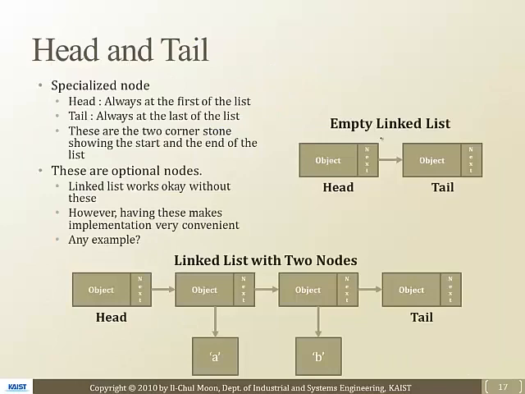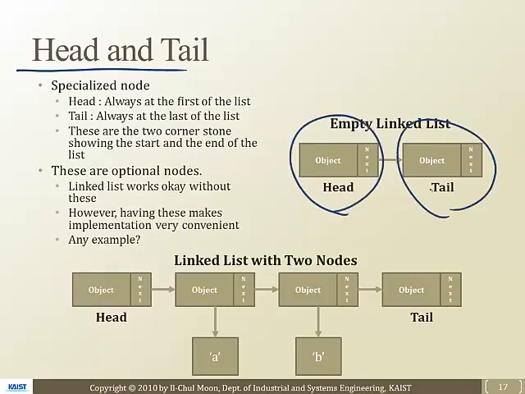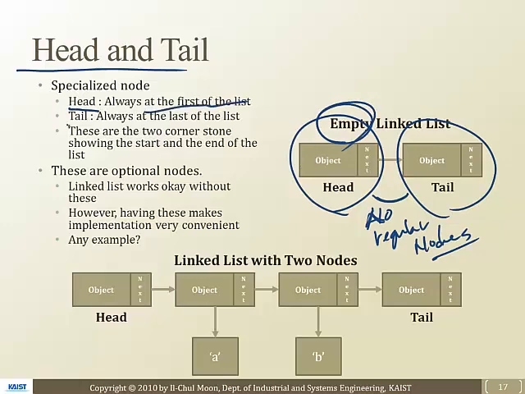And we have this special node called head and tail. So we have this head and we have this tail. If we have no regular nodes, then it's an empty linked list, right? Head is always at the first of the list, tail always at the last of the list, and these two are the kind of cornerstones showing the start and the end of the list.